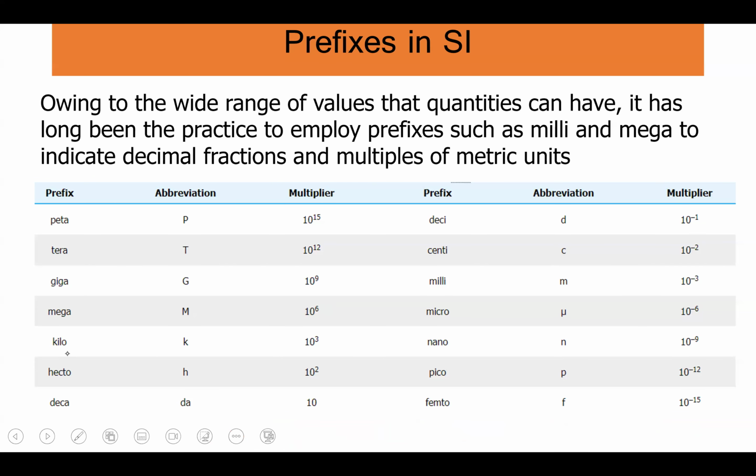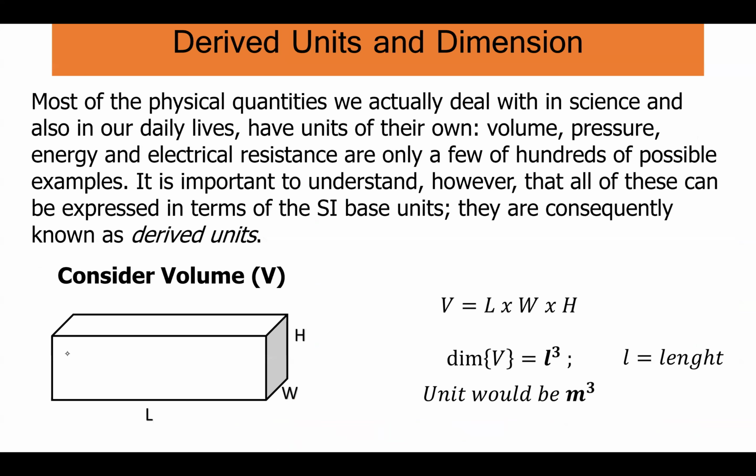Okay, now you already know the derived units. So you studied base units. Base units are what? The SI units. How many base units do you have? 7. Seven, right? So for example, consider this box over here.